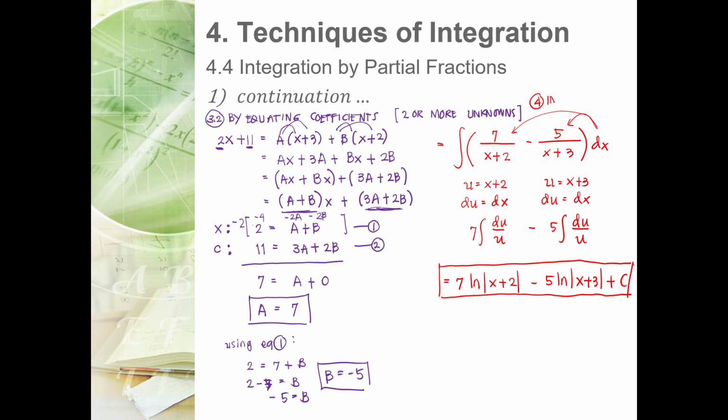Notice that 80% of the process is purely from partial fractions, and the integration process is just a few lines in getting the final answer. Okay, so let's move on to the next example.